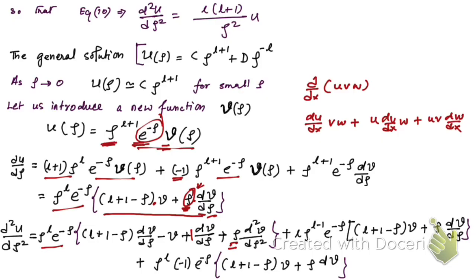Hope you have understood this. Then, as the derivative of this part is done, we have written this part as it is, then we have differentiated this function. So that's why we have got this one here. Then we have kept this function as it is here.